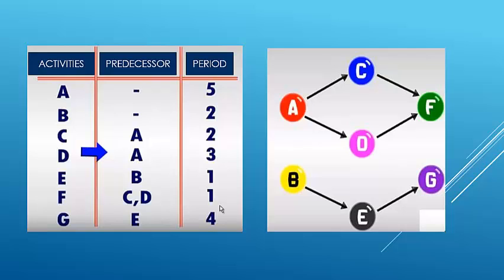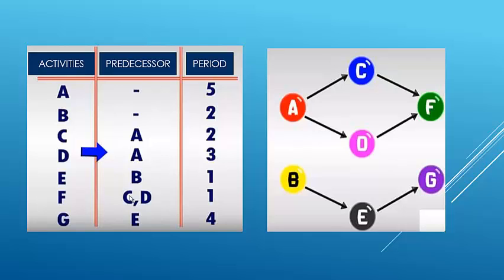Saying that the activities, we have A, B, C, D, E, F, G, and in the second column we have the activities that are predecessors, and in the third column we have the period, the time spent doing this activity.